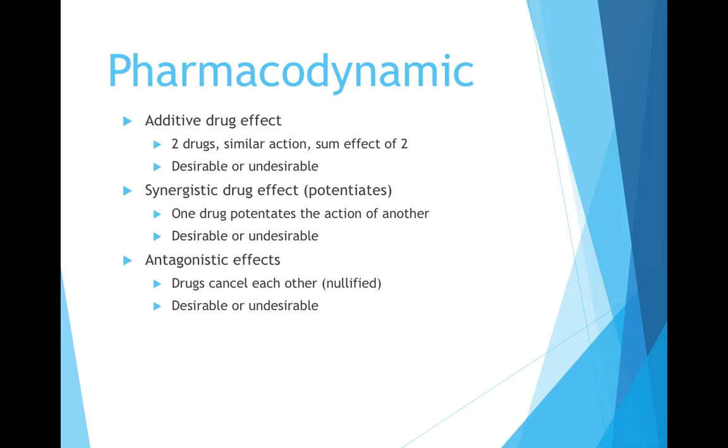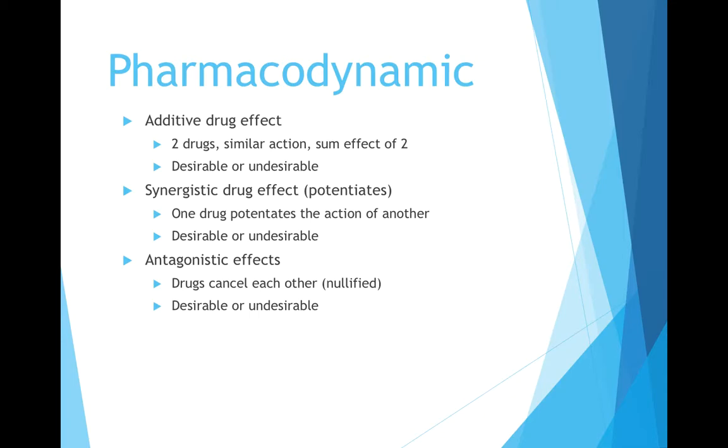For example, if we have two central nervous system acting medications, let's say we're giving a narcotic for pain, and now the patient is anxious and is going to need a sedative hypnotic.